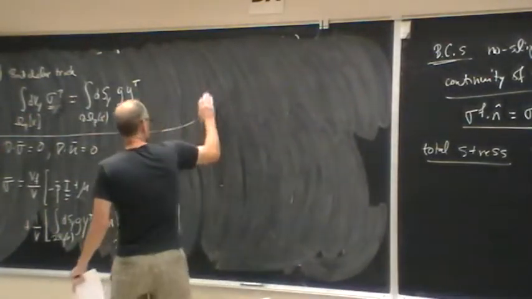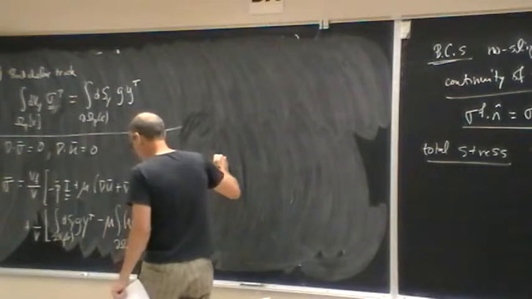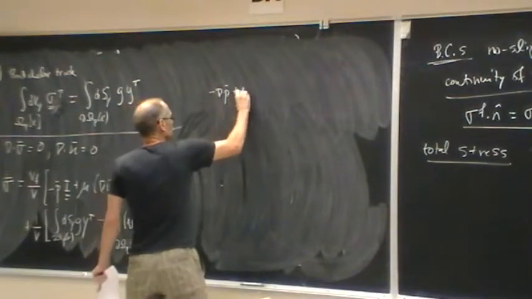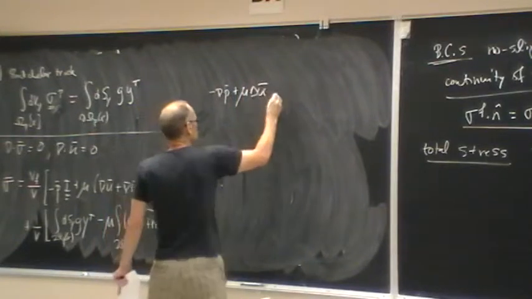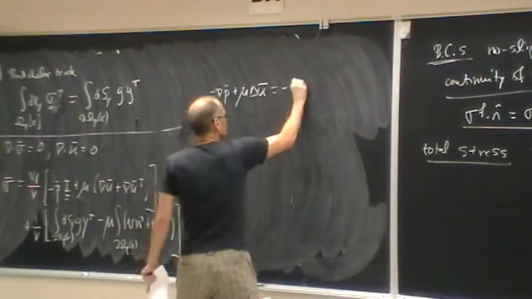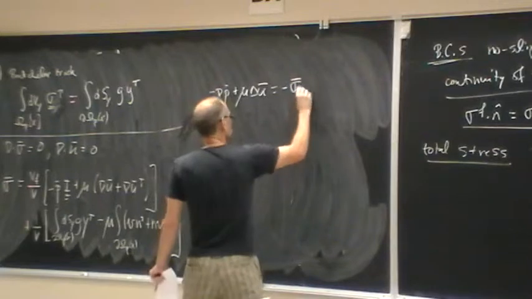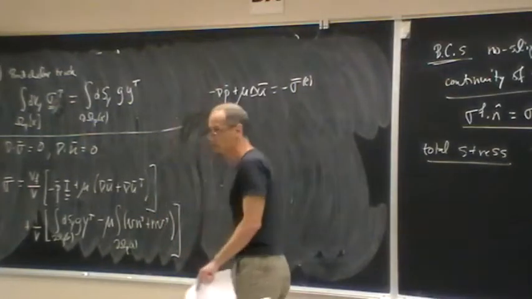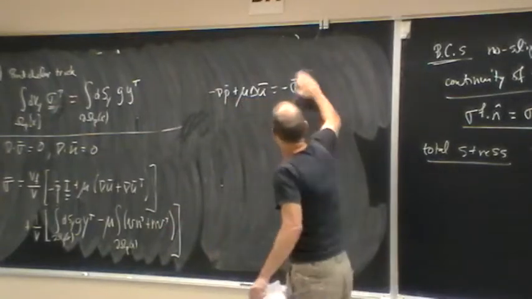So then I'm going to have something that looks like this: minus grad P bar plus mu Laplacian U bar is equal to minus divergence of sigma P bar. And often that's called the extra stress, and that's this piece right here. Oh, I did divergence on it.